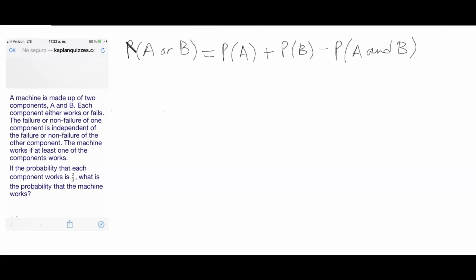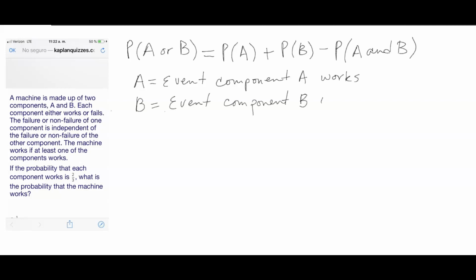Okay? So in our problem, we're going to let A equal the event that component A works, and we're going to let B be the event that component B works, and we're going to let M be the event that, in this case it's not the component, M is going to represent the machine.